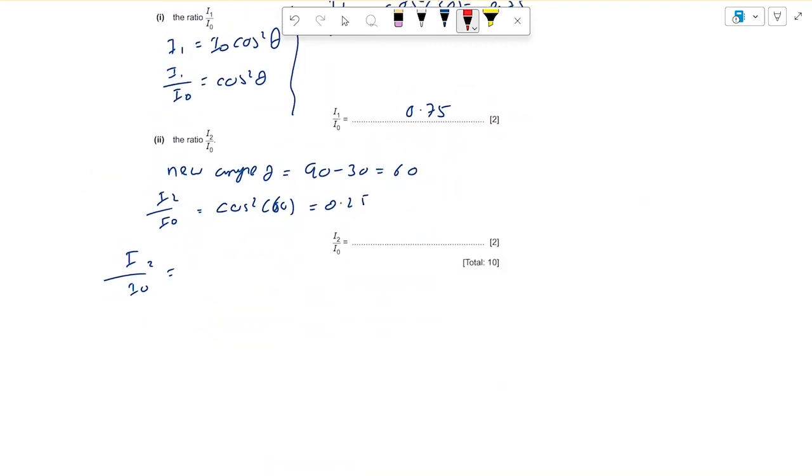So 0.75 and 0.25. 0.75 multiplied by 0.25 is equal to 0.1875, which is 0.19. That's your answer.